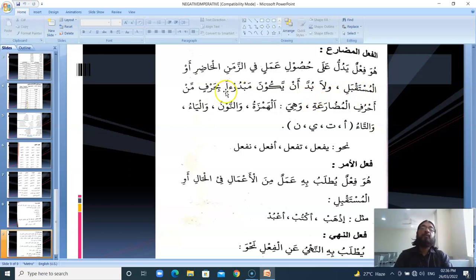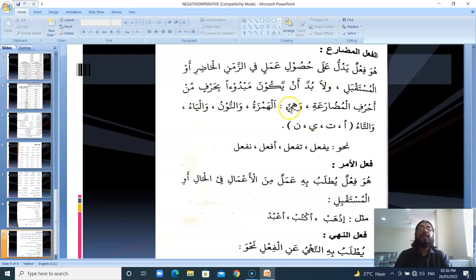ولا بد أن يكون مبدوءا بحرف من أحرف المضارع, and it is necessary to begin the fi'l mudari with these four letters.